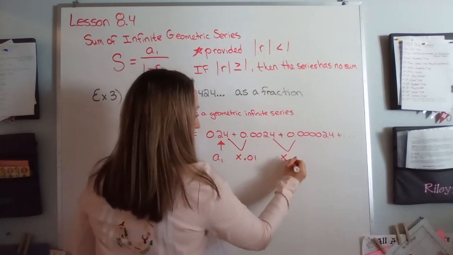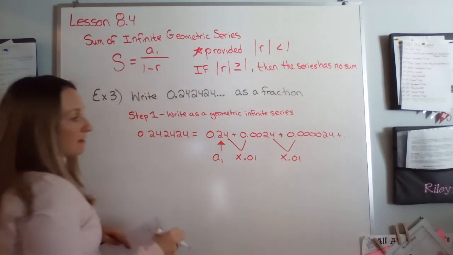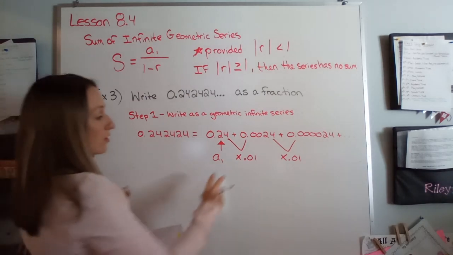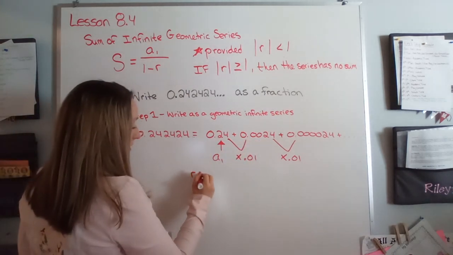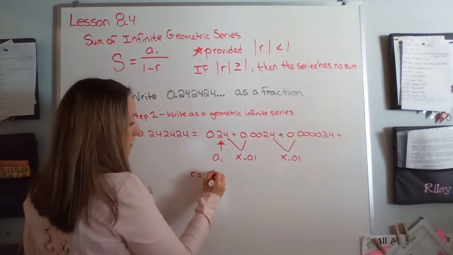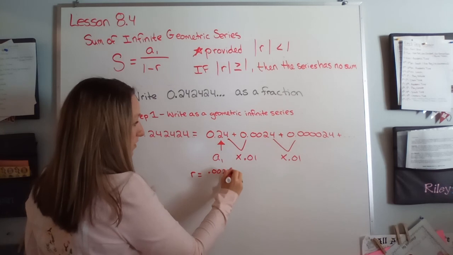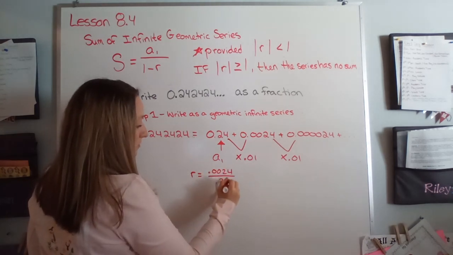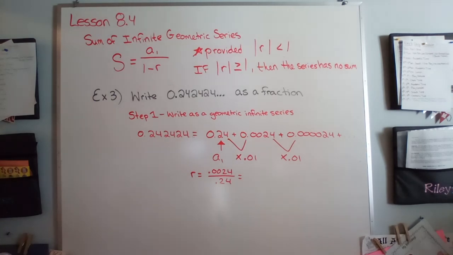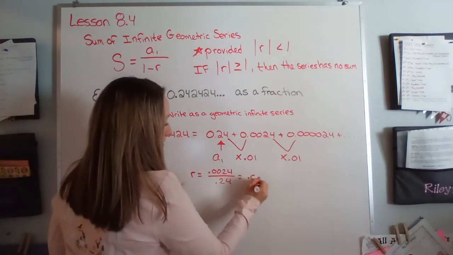If you forgot, you can always figure out the common ratio by taking the second term over the first, 0.0024 over 0.24, and simplify using your calculator or your head, and you're going to get 0.01.